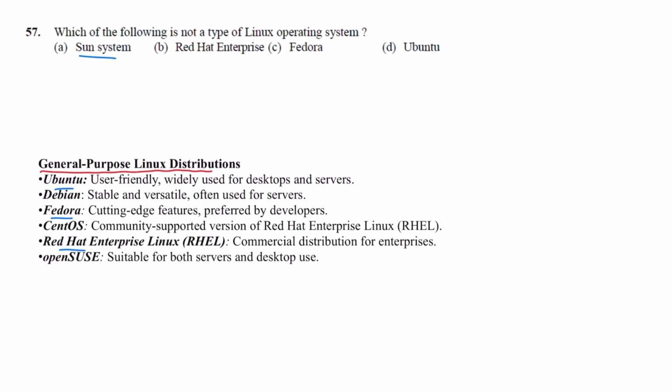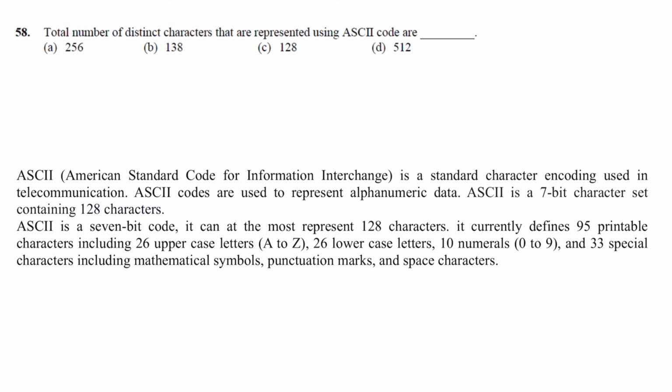The total number of distinct characters that are represented in ASCII code are? ASCII stands for American Standard Code for Information Interchange. It is a standard character encoding used in telecommunications. ASCII codes are used to represent alphanumeric data. ASCII is a 7-bit character set and contains 128 characters.